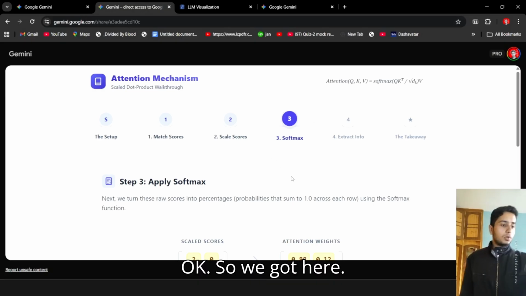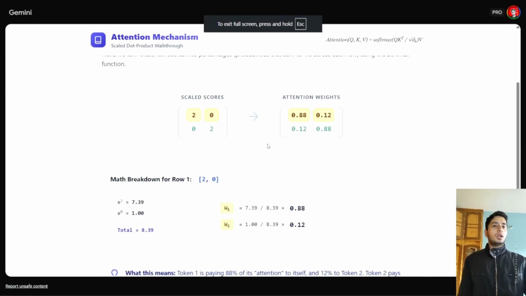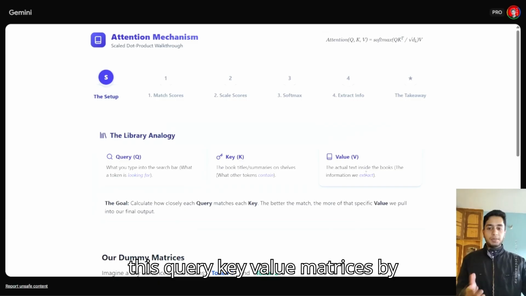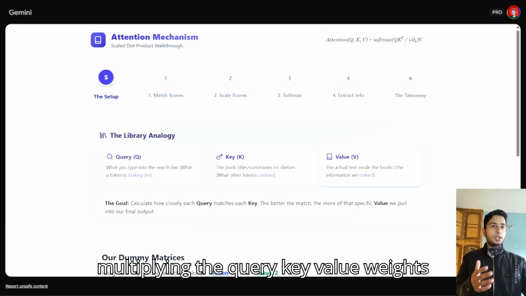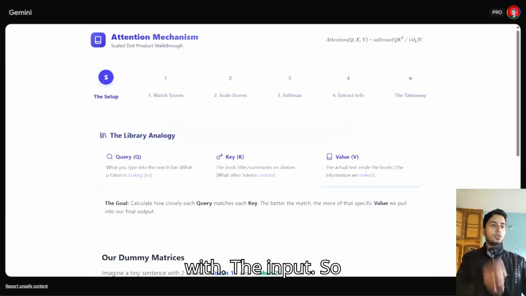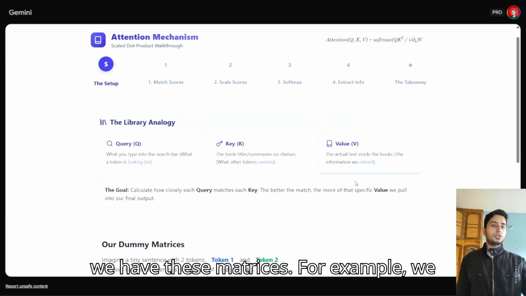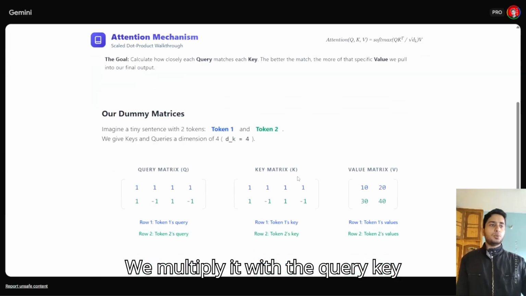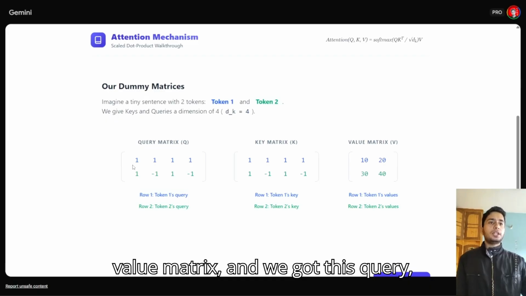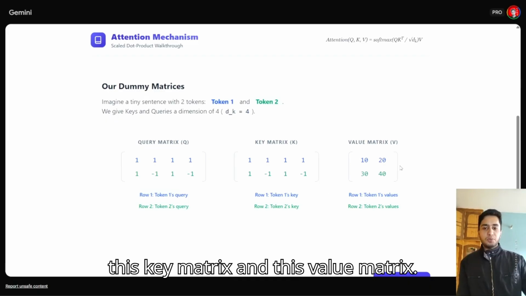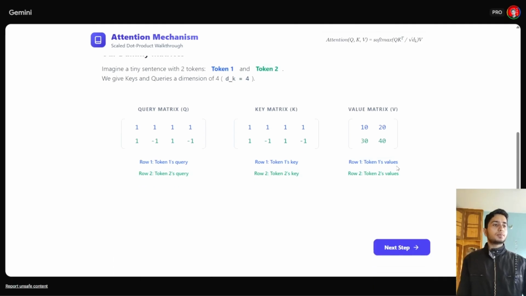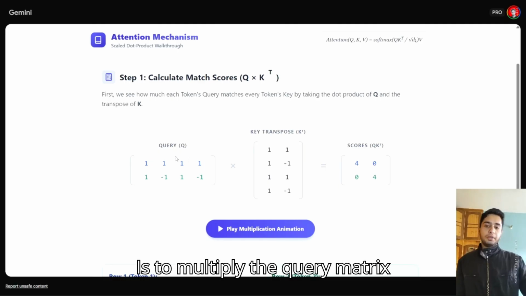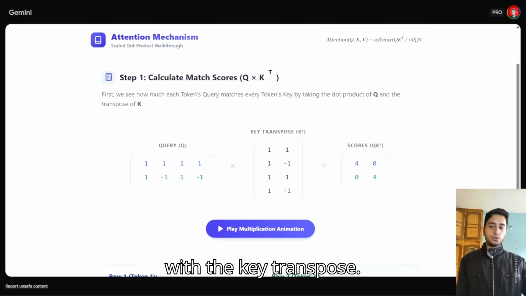Okay, so we are here. We got these query, key, and value matrices by multiplying the query, key, and value weights with the input. For example, we had token 1 and token 2. We multiplied them with the query, key, and value weights, and we got this query matrix, this key matrix, and this value matrix. Okay, we got these three matrices. The next step is to multiply the query matrix with the key transpose.